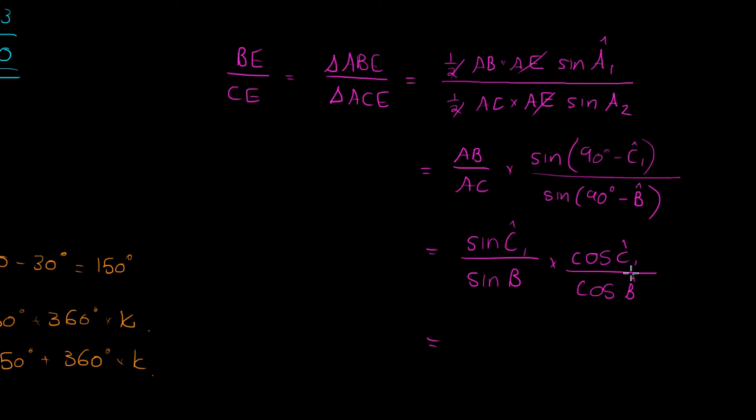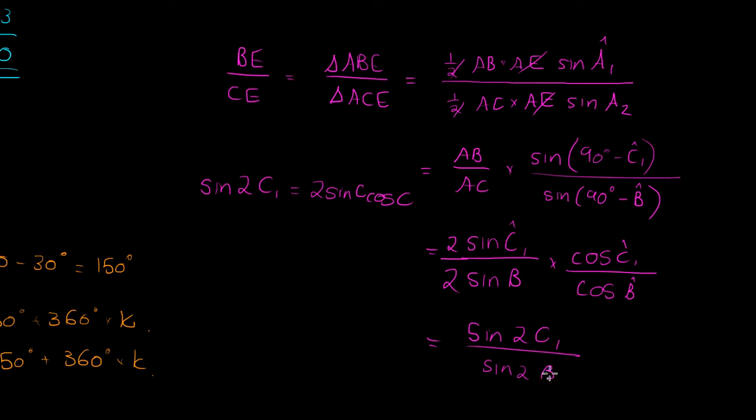Sine C1 cos C1 is not quite 2 sine C1, but sine of 2C1 is equal to 2 sine C cos C. So we need a 2 in front, so I'm going to give it a 2 in front, but then I must give it a 2 in the bottom as well. Multiply top and bottom. So this at the top becomes sine 2C1, and in the bottom sine 2B.